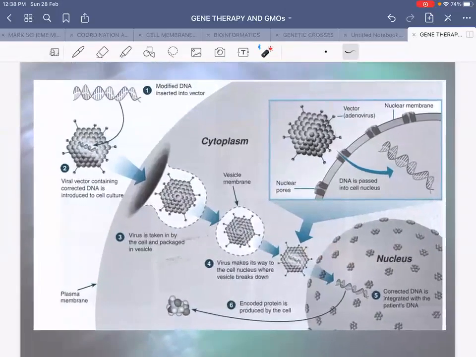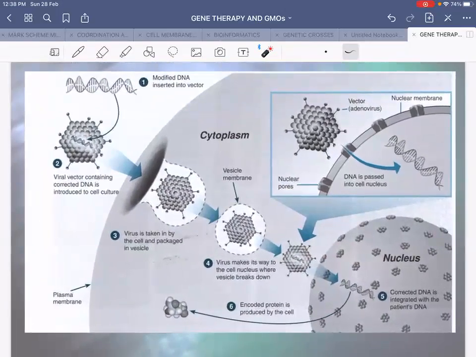This is a diagram that very well explains how we can use a viral vector, how we can introduce our therapeutic DNA into the vector, and how finally that viral vector, which contains the corrected DNA or the therapeutic allele, is inserted into a cell culture, right?